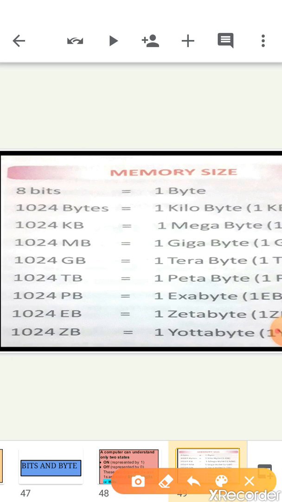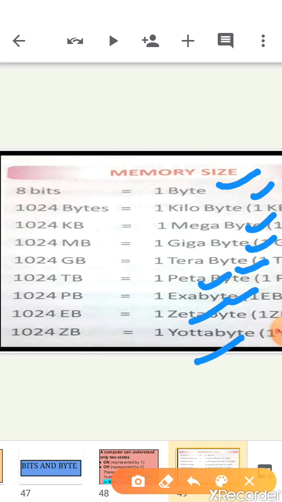Children, 8 bits is equal to 1 byte. 1024 bytes is equal to 1 kilobyte. 1024 KB, kilobytes, is equal to 1 megabyte. 1024 megabytes is equal to 1 gigabyte. 1024 gigabytes is equal to 1 terabyte. 1024 terabytes is equal to 1 petabyte. 1024 petabytes is equal to 1 exabyte. 1024 exabytes is equal to 1 zettabyte. 1024 zettabytes is equal to 1 yottabyte. This is the memory size table.